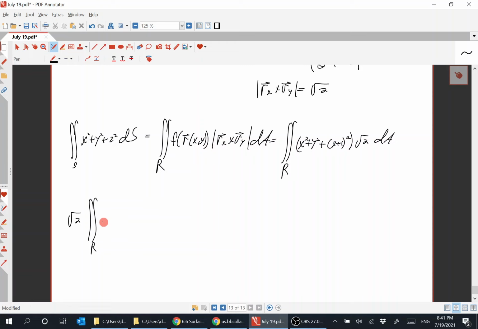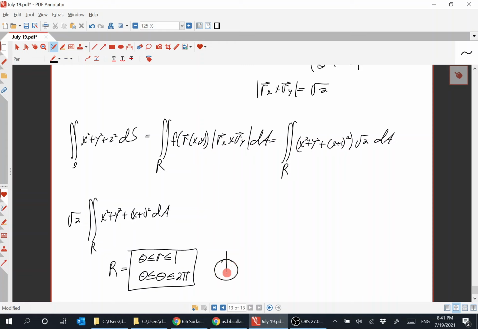So square root of 2, x squared plus y squared plus (x plus 1) squared dA, where R is 0 less than or equal to r less than or equal to 1, 0 less than or equal to theta less than or equal to 2 pi, because we're expressing the R in polar coordinates.